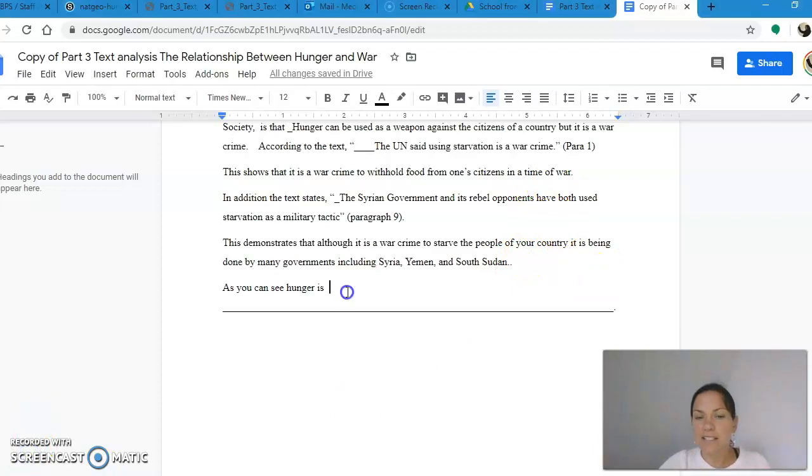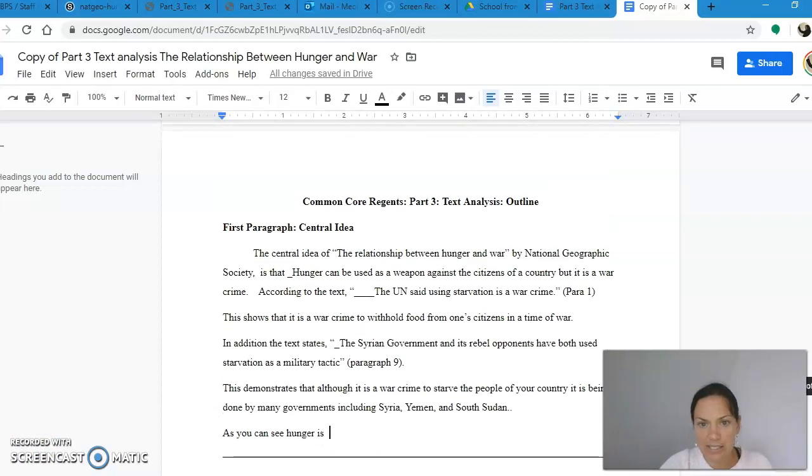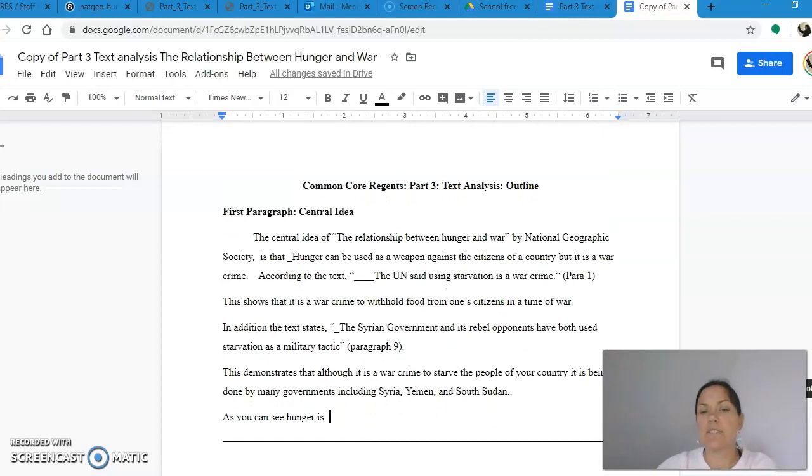And in our final sentence, we go back to our central idea, which is that it's being used as a weapon, that hunger is being used as a weapon of war. And so we want to repeat that idea.